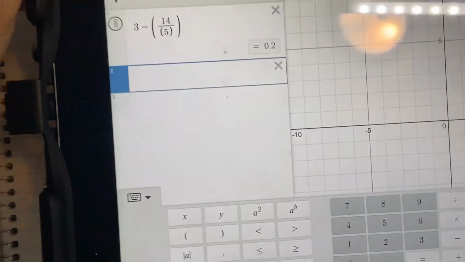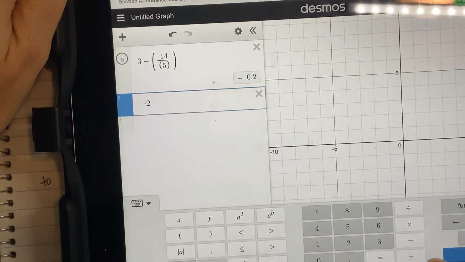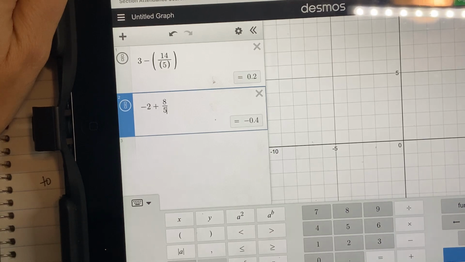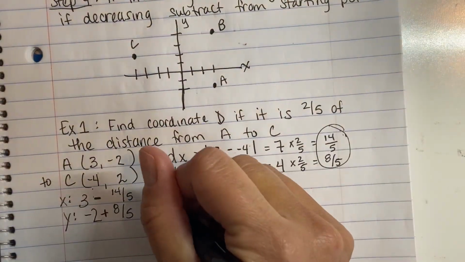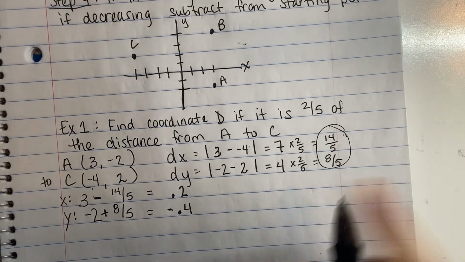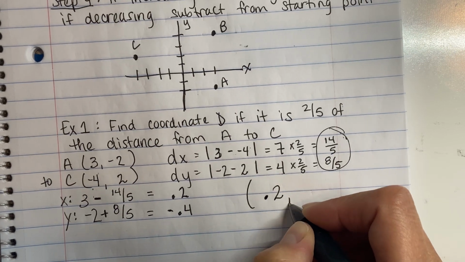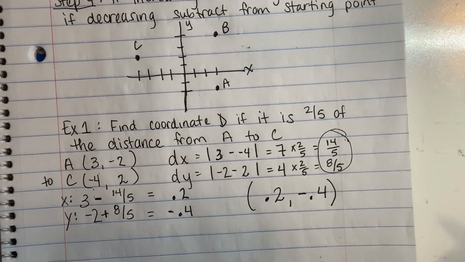Let's see if I can do it without the fractions. -2 plus 8 divided by 5. And I get -0.4. So yeah, you don't have to use the parentheses like I did. So my answer should be 0.2 for the x, comma, -0.4 for the y.